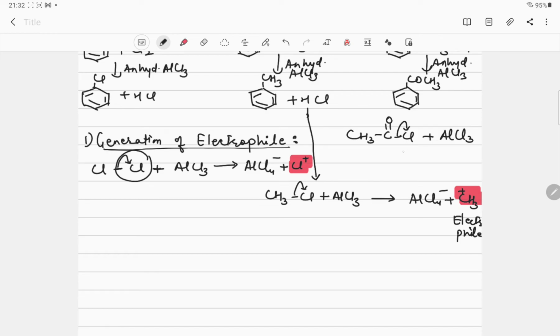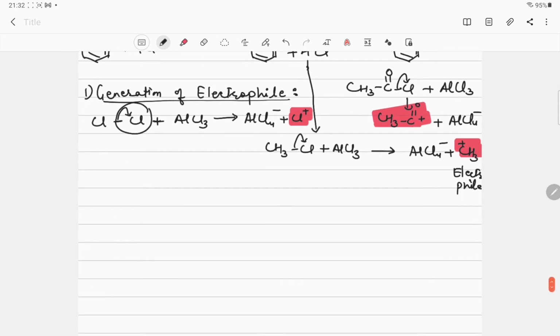The Cl will go along with the pair of electrons, and that's how we are left with CH3C double bond O, this carbon carrying a positive charge, plus AlCl4 minus. So what is the electrophile here? Electrophile is this acyl carbocation. So that is how the electrophiles are generated in all the three. AlCl3 is acting as the electron carrier here. It takes away the electron along with the chlorine.